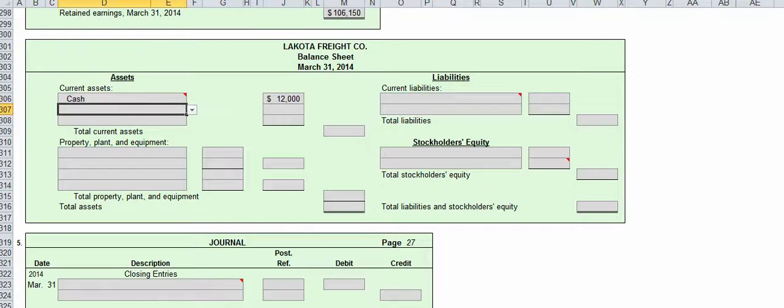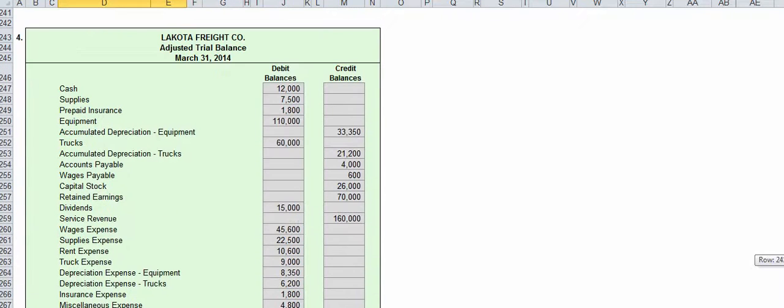Okay, let's look on our adjusted trial balance. Our other current assets are ones we'd use or convert to cash within 1 year. Well, we're not stockpiling supplies for 5 years, you guys. The supplies we have at the end of one fiscal year would be used within the next year. And then we're probably not paying our insurance ahead for more than 1 year.